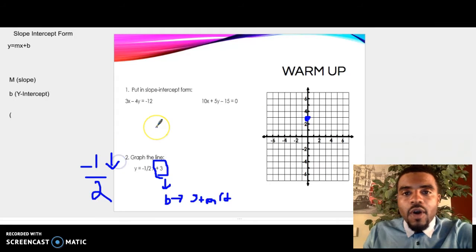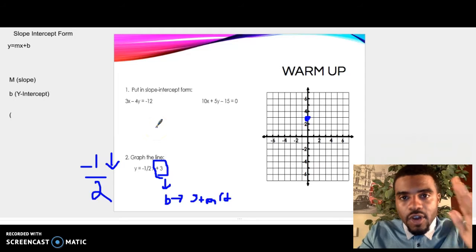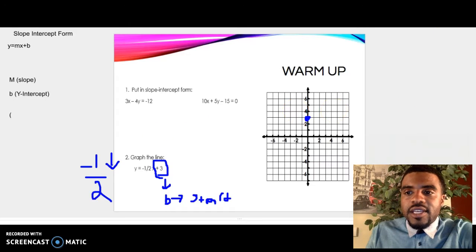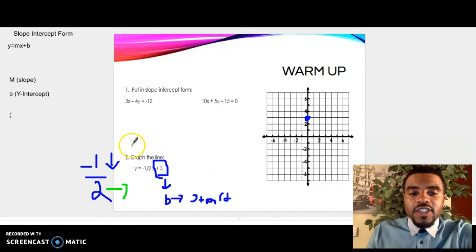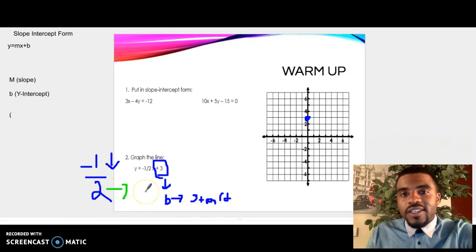The top, or the numerator, always tells us to go up or down on the line, and the bottom tells us to go right or left. It's positive, so we're going to go right. So again, you're going down and then you're running on the green grass.